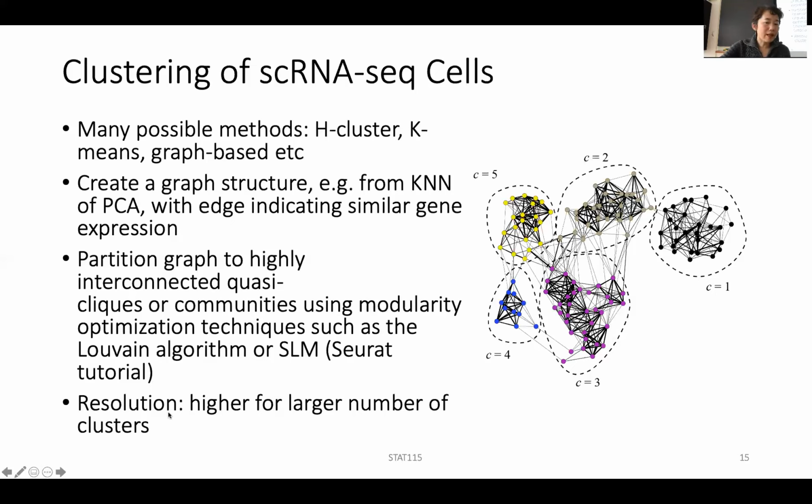And so when you run these pipelines, one important parameter you can tune is called resolution. Because frankly, with the current single cell, say if you are taking just a blood cell and you do single cell, you ask people how many different cell types or how many different clusters do I need to have? People actually don't know how many different immune cell types there are.